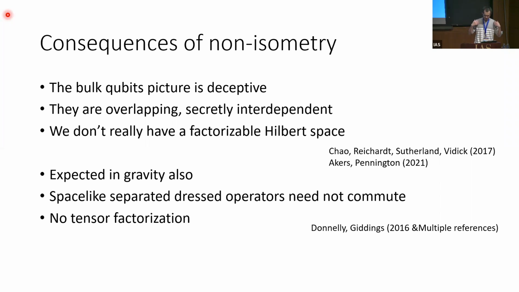But here, because we humans like to think about things in local terms, the price we pay for locality is introducing these small overlapping contributions. So overall, at the end, you're not really having a factorizable Hilbert space in the code substrate.